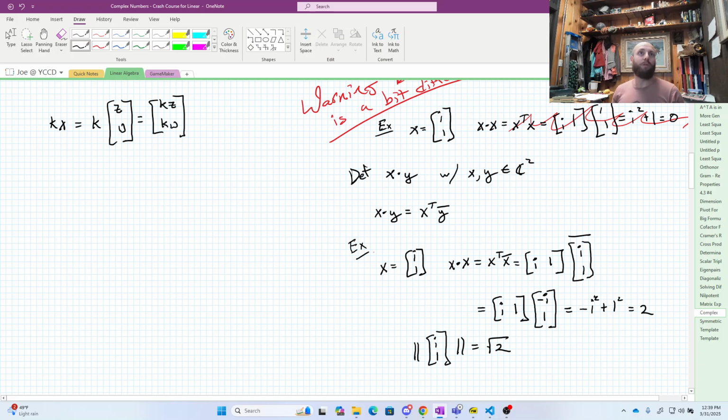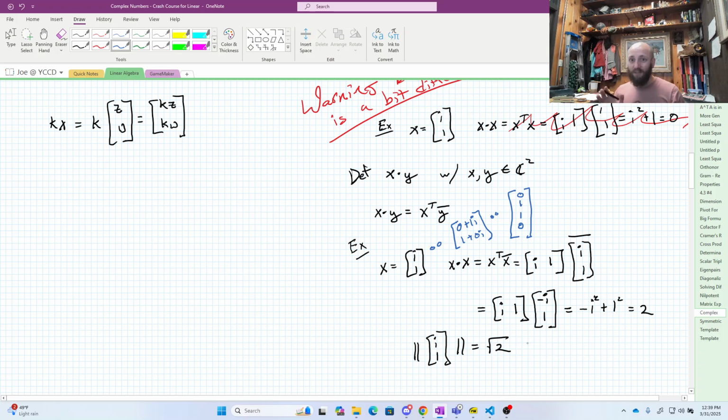And that jives with my intuition, because I'm thinking about this vector i and 1 as 0 plus 1i and 1 plus 0i, which I could think of in a four-dimensional real context as no real thing, one complex thing, one real thing, no complex thing. And this vector is the square root of 2 long.